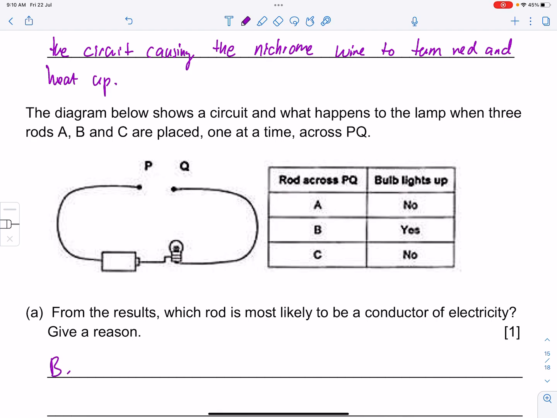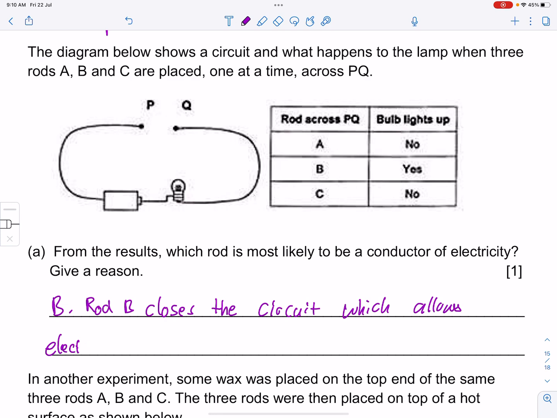And the reason, use CEO. Very simple. So you go, rod B closes the circuit, which allows electrical current to flow through the circuit, allowing the light bulb to light up.